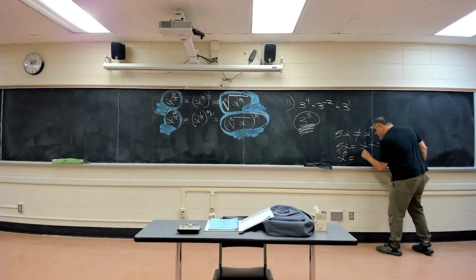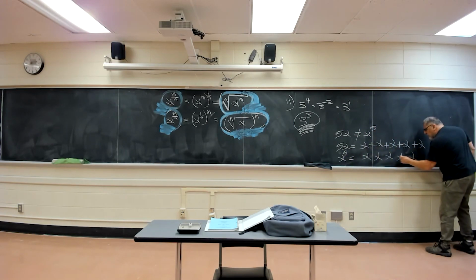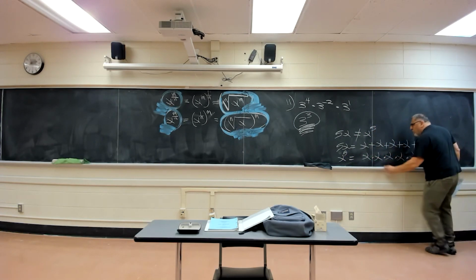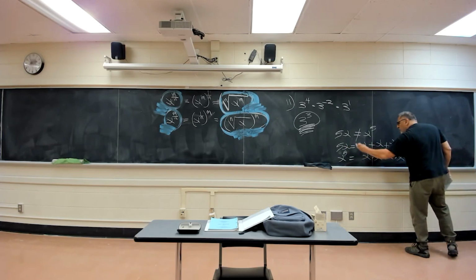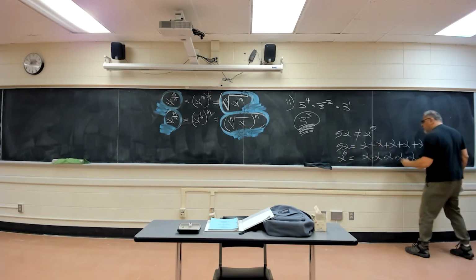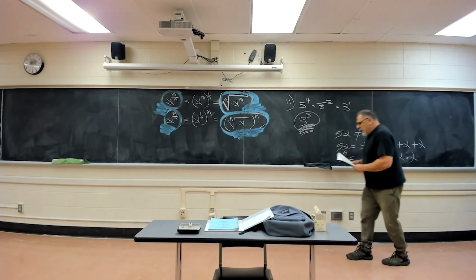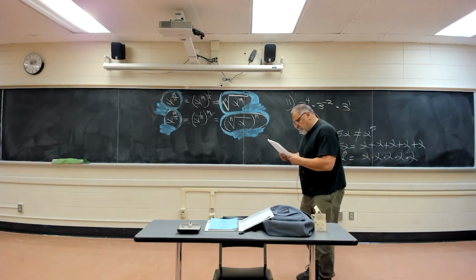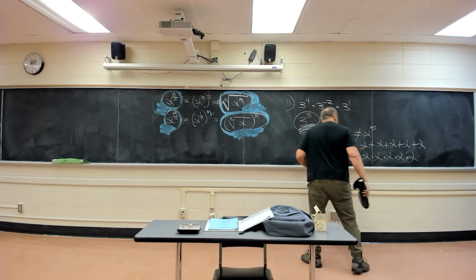X to the 5th is x written down 5 times once again, but in a multiplicative fashion. So multiplication is repeated addition. Exponentiation is repeated multiplication. Okay? That's number 11. Let's see how they want to talk about some of the stuff that goes on here.